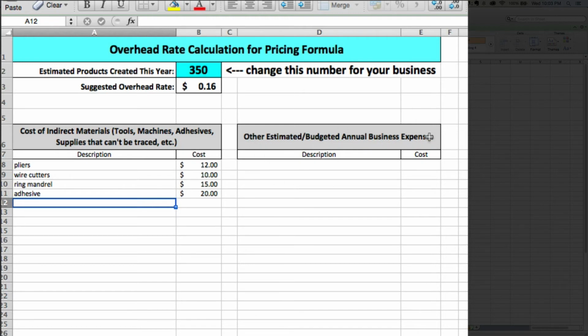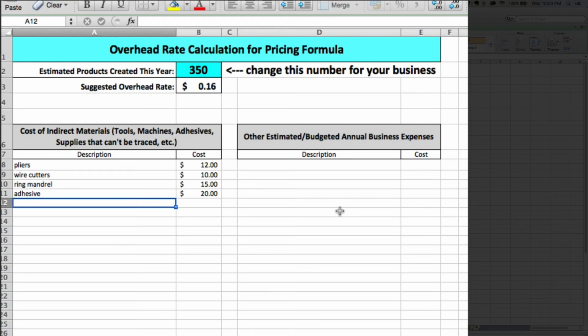The second category of costs that I need for my overhead rate is a bit more vague, but it's still important that you take it into consideration. Your business has some general expenses that are not directly related to your products. These are going to be things like your web hosting for your website or your blog, or the cost of printing your business cards that go into your packaging, or craft show fees when you apply to sell at a craft show, or a graphic designer that does your branding and your logo design.